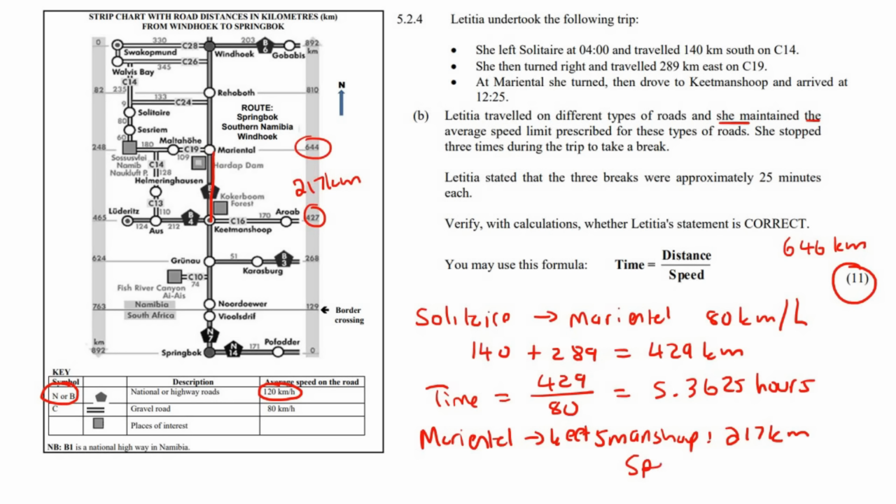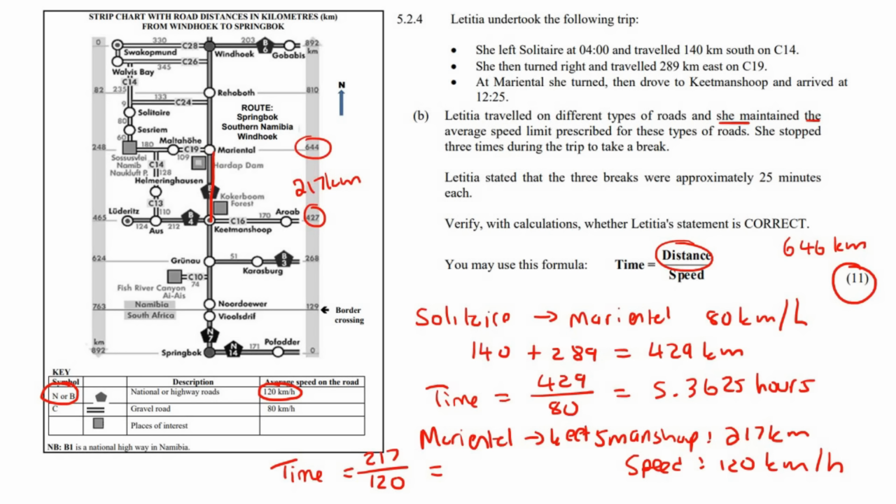We also know that her speed for that part is 120 kilometers per hour. So we can use these two pieces of information to work out the time for that part of the journey. So the time will just be equal to the distance, which was 217, and the speed was 120. So how long did that take her? 217 divided by 120. Okay, don't round off.